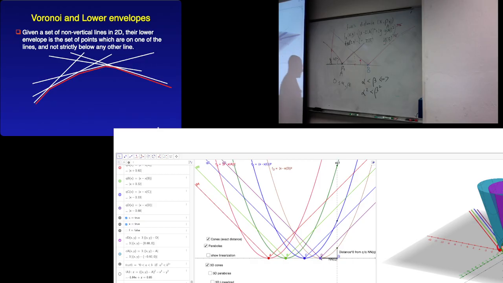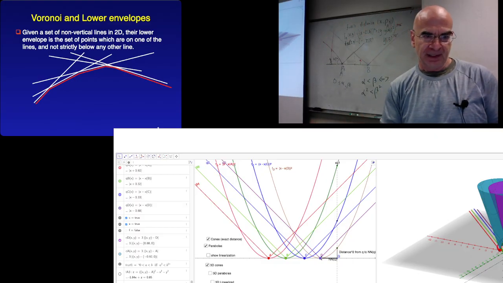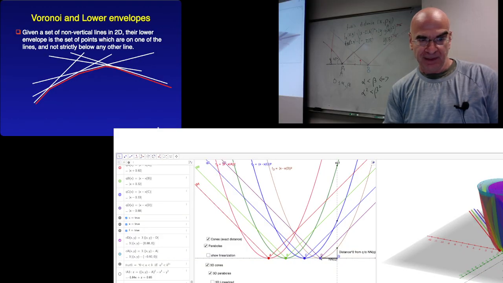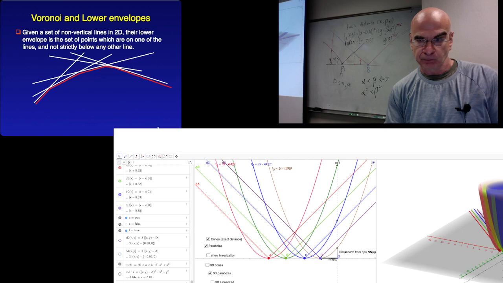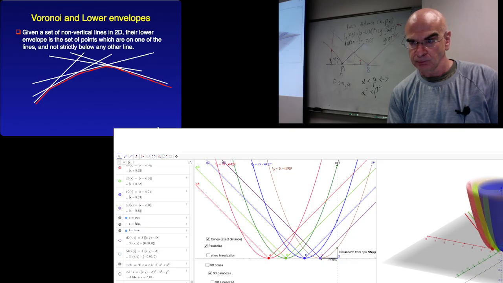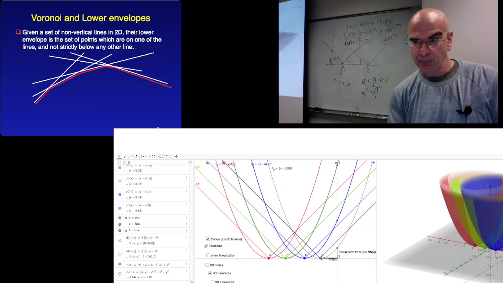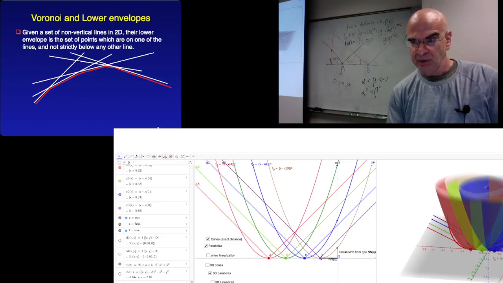So parabolas are a bit more friendly, but to make them even friendlier, let's see them in 3D. So now instead of cones, I have a paraboloid.